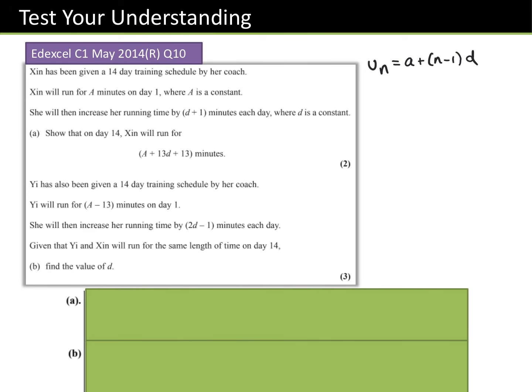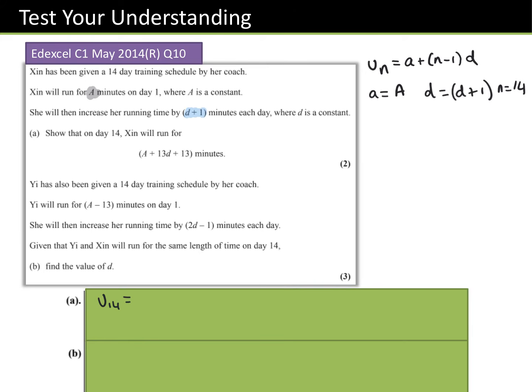Day 1 is in fact a. Oh, sorry, so we want to find the 14th day, which is u14, isn't it? So a equals a. Our difference equals d plus 1. And what does our n equal? 14. Step 1, write down everything you know.